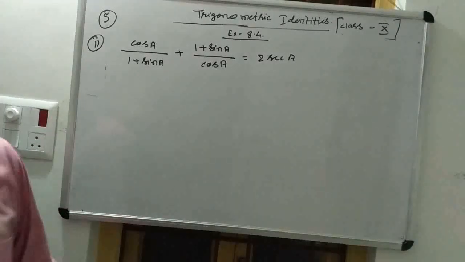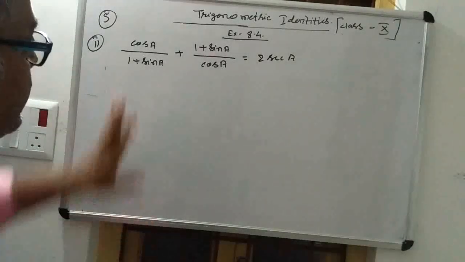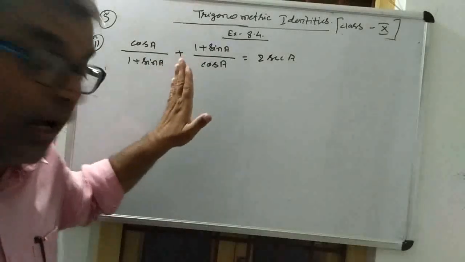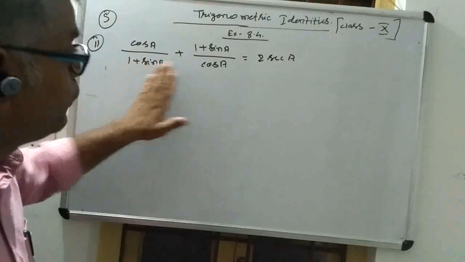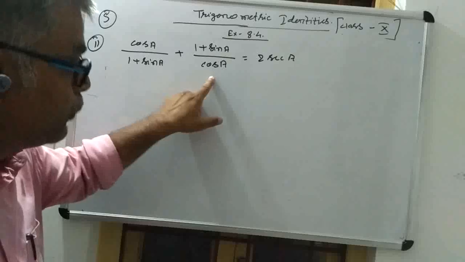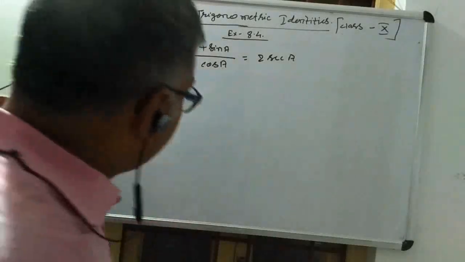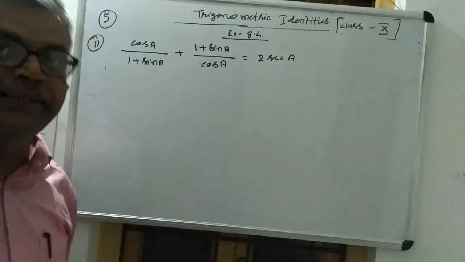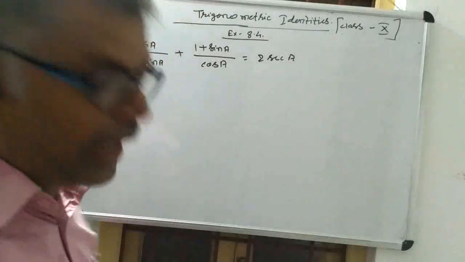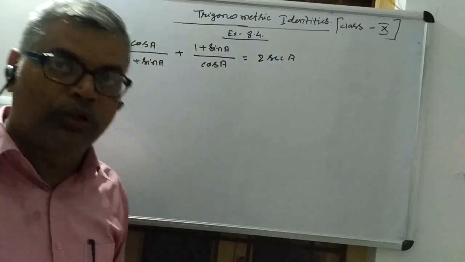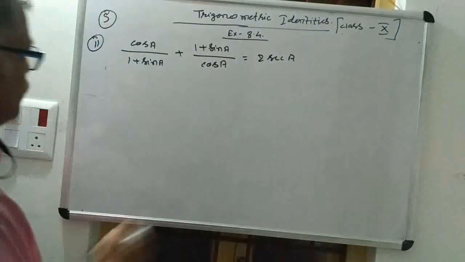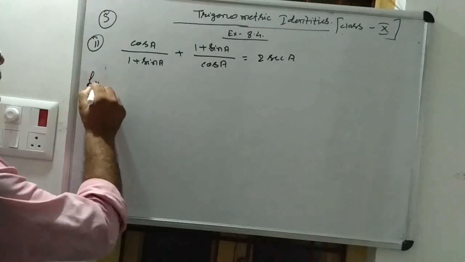As you can see from this identity, your LHS part has two terms, term 1 and term 2, and the RHS part has only one term. So again we will take the LHS and simplify it, and we will reach the RHS term. So first we take the LHS part.